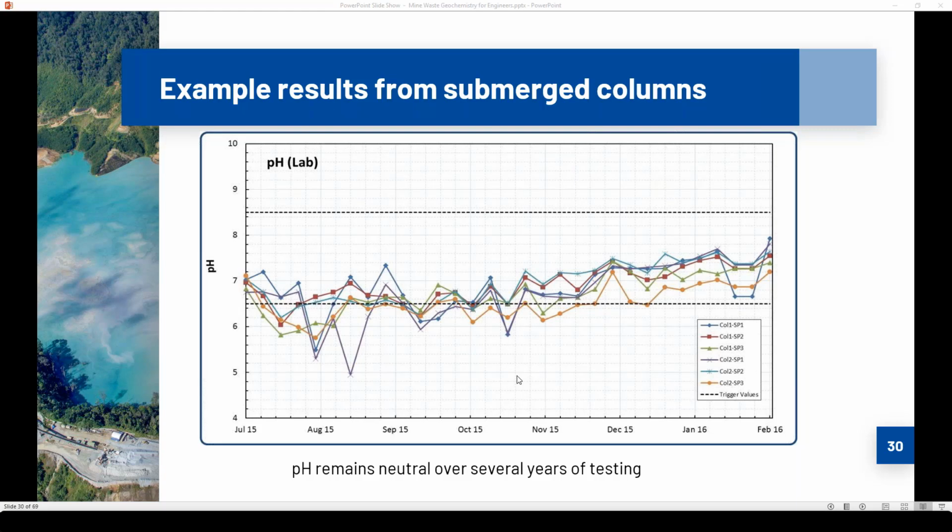That gave both ourselves and the client, as well as their reviewers, confidence that if we could build a similar system in the field, we could lower the reactivity of the waste and therefore store it safely for the long term.